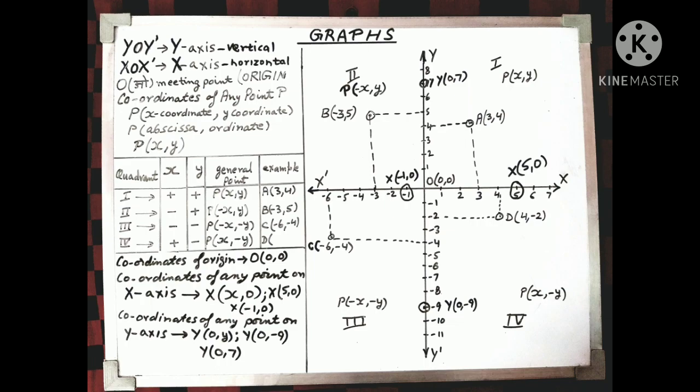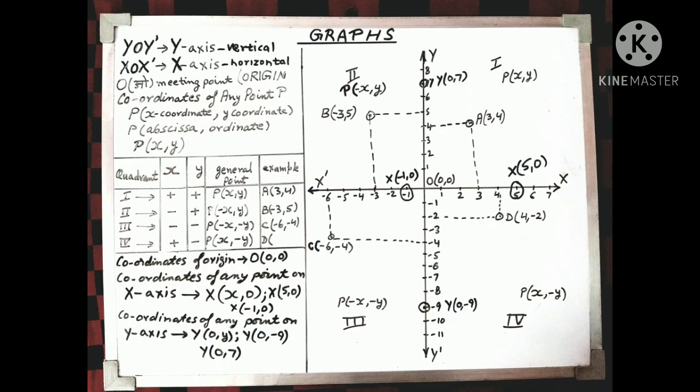So we can easily plot a point, or if a point is given in the system, we can easily find its coordinates, right? It is a very simple process. Say for example, we had to find the coordinates of point A in the figure.